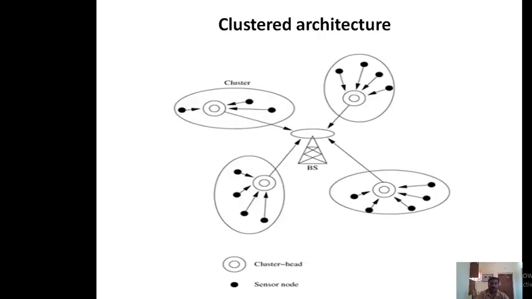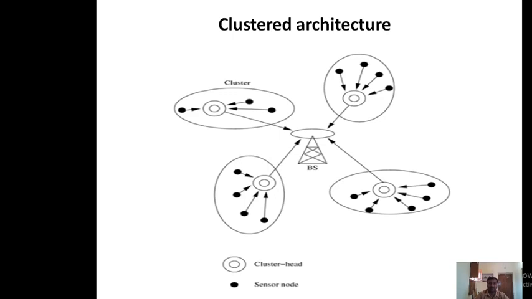Then the second architecture is clustered architecture. In the clustered architecture also, the base station acts as the center point of the sensor network, and the sensor nodes around the base station are created in the form of clusters.